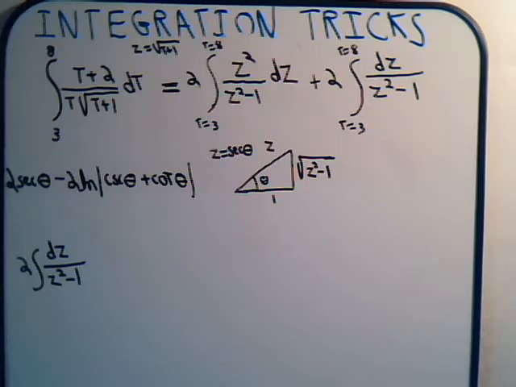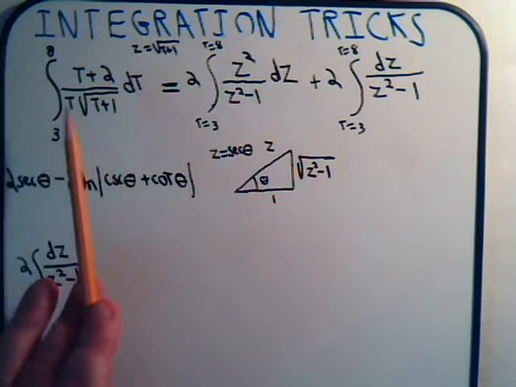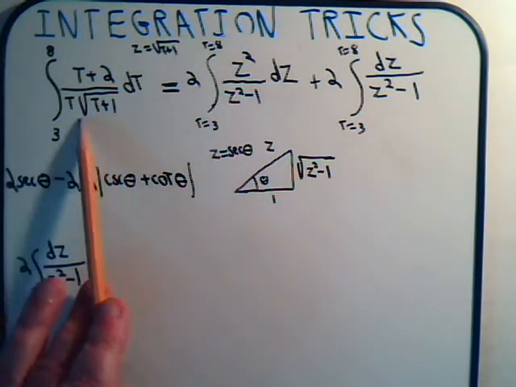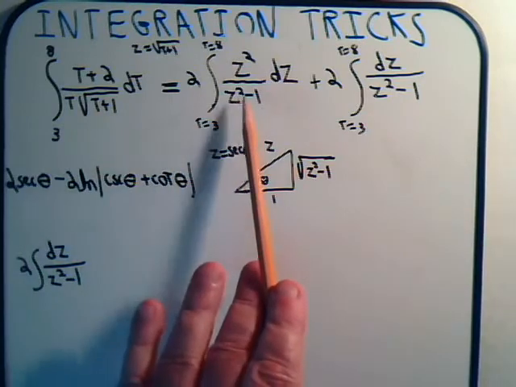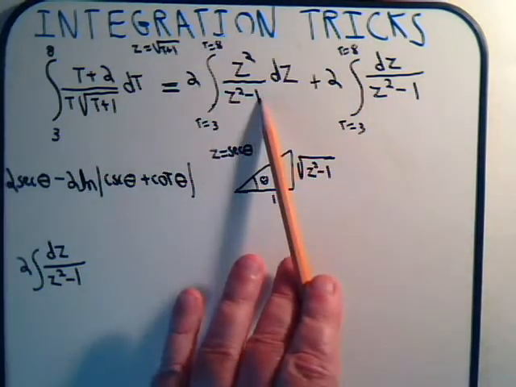Okay, in the last video, we were attempting to evaluate this integral here, and we made the substitution. We said let this be equal to a new variable that we called z. And when we made that substitution, this integral became these two integrals.